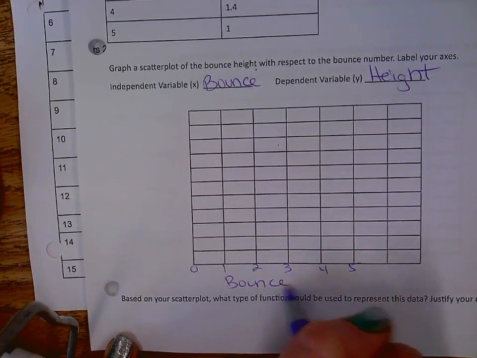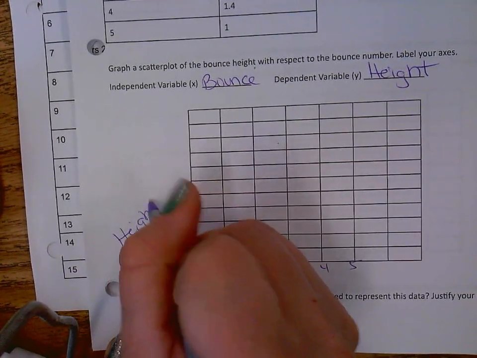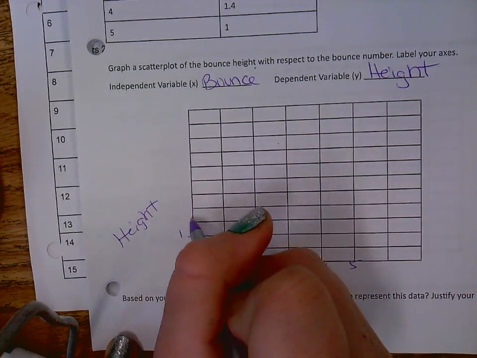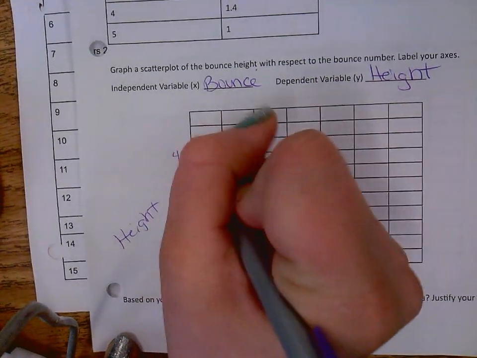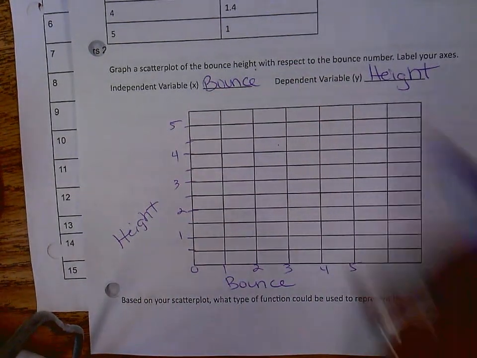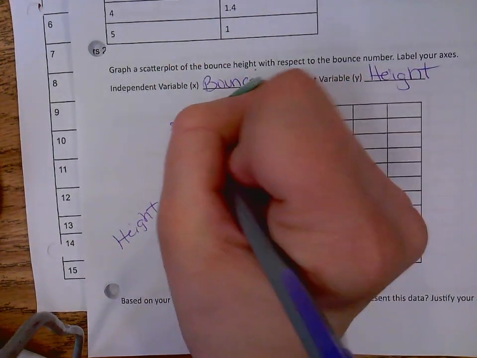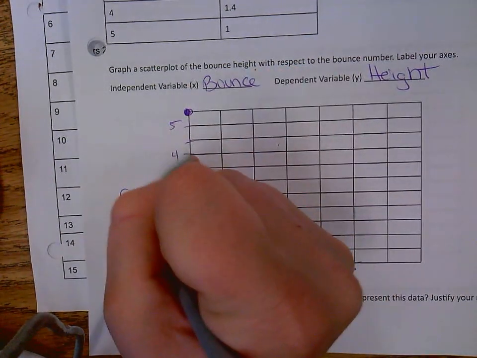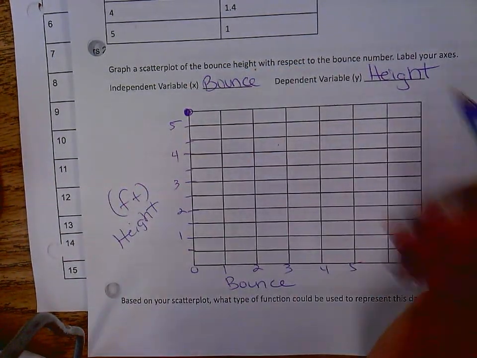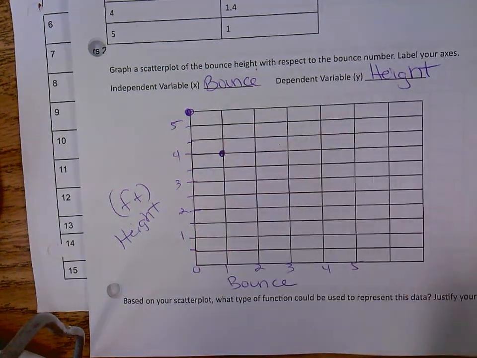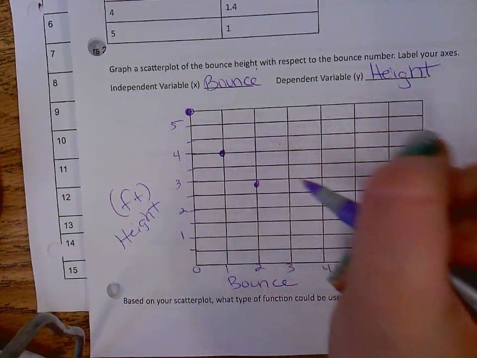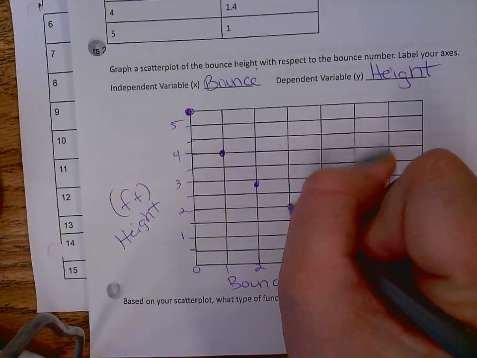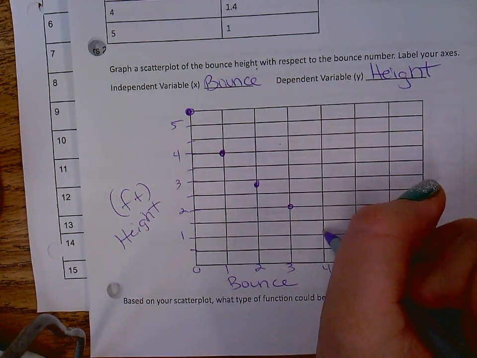Bounce and height, we counted by a half. 3, 4, 5. 1, 4, 2, 2.8, 3, 2, 4, 1.4.